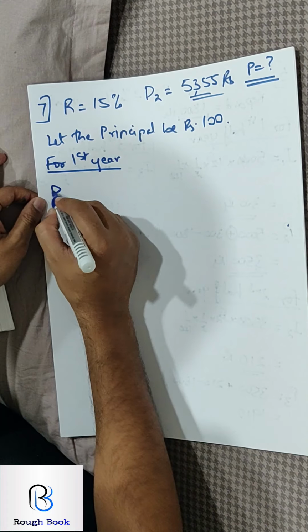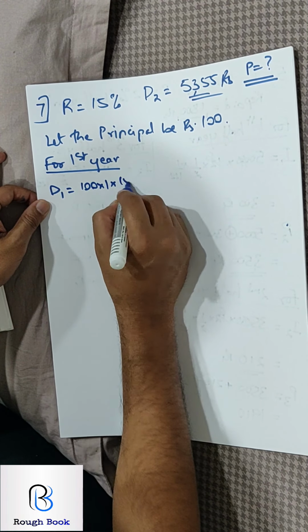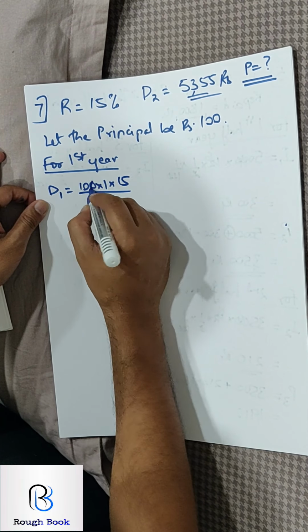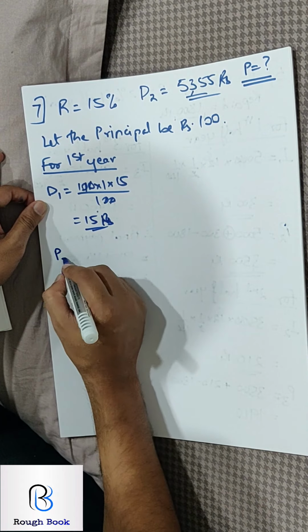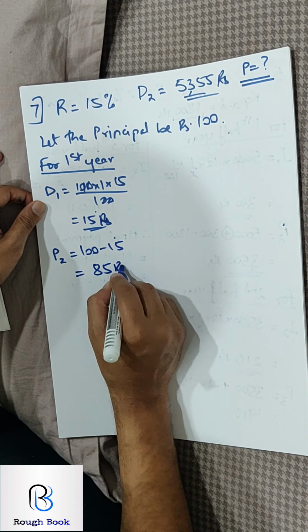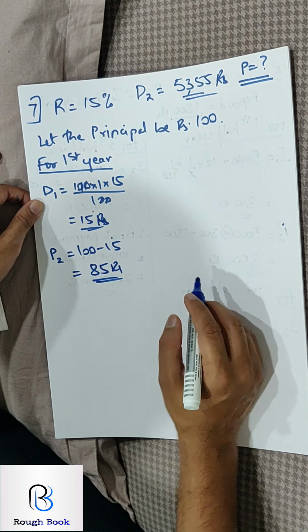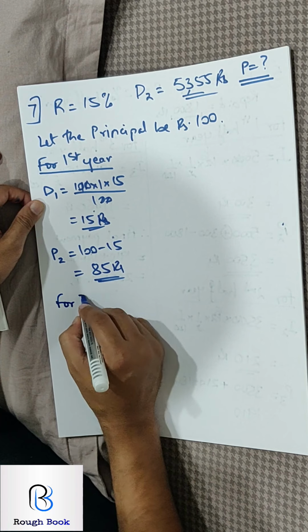Remember you have to subtract. So depreciation 1 on 100, 15% has to be 15 rupees. So what is my P2? 100 minus 15 becomes 85 rupees. I need to reach to D2 in order to compare, so I'll have to go for one more year.